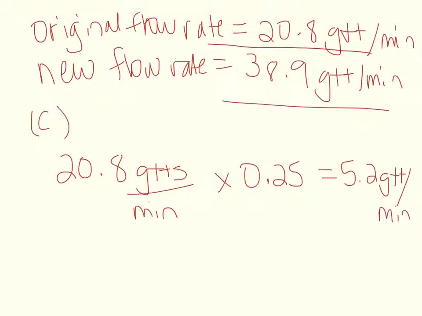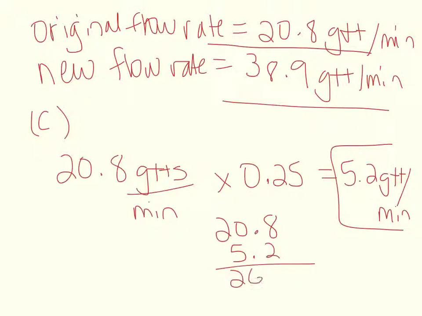So when we multiply 20.8 by 0.25, we get 5.2 drops a minute. So what this 5.2 is telling us is that the highest we can go, we must not exceed 25% of the original. 25% of 20.8 is 5.2. So if we add those together to get that high level, we essentially get 26 drops per minute.